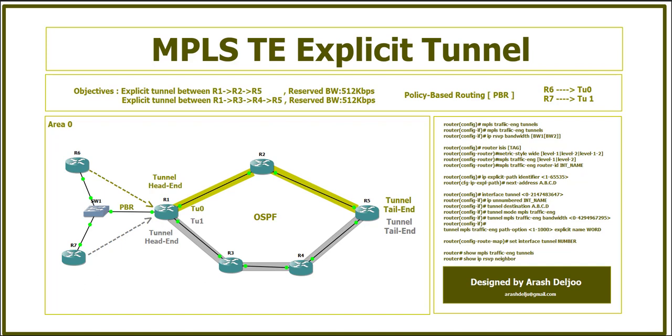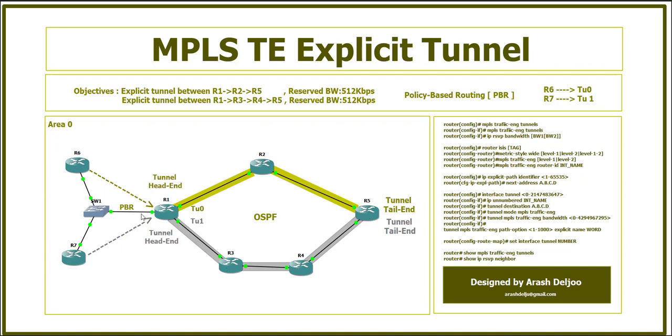Look at this scenario. As you can see, we have two tunnels from router 1 to router 5. The first tunnel is established with the explicit method through router 2 and then router 5. After that, we have the second tunnel from R1 to R3, R4, and R5.